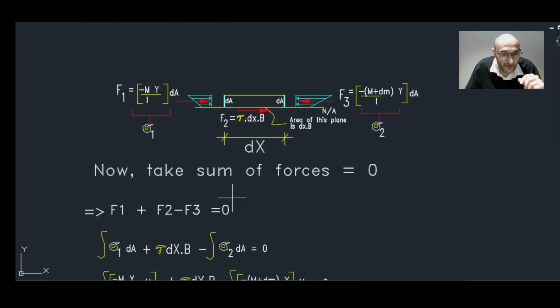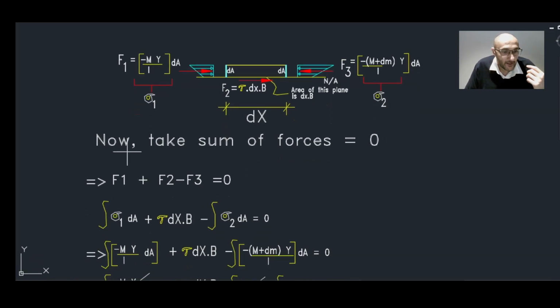Okay, let's have a look. Now we have the forces F1, F2, and F3. So let's take the sum of forces in the horizontal direction equal to 0. Therefore, integration of sigma 1 dA, which is F1, plus tau dx b, minus integration of sigma 2 dA.